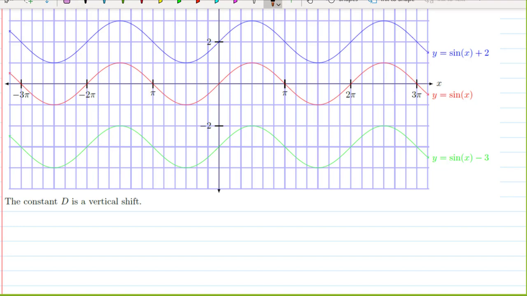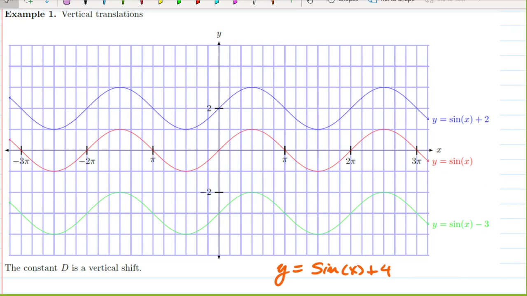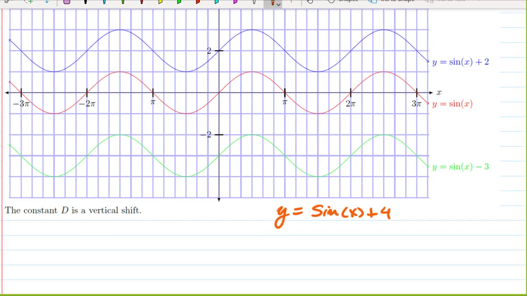So then, if I had the function y equals sine of x plus 4, that would take my graph, and this is my d value, so that's going to move it up 4 units.